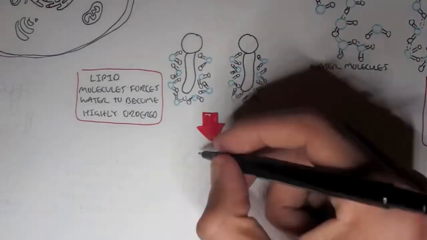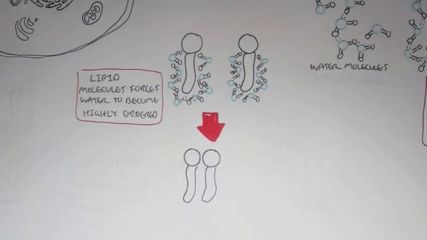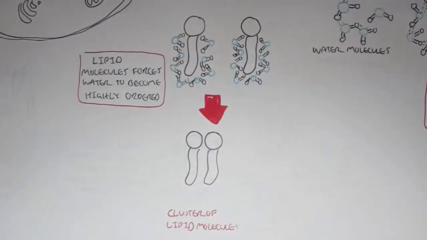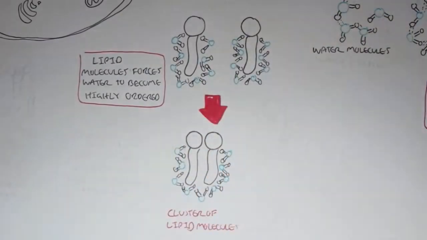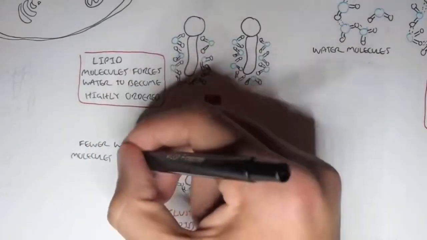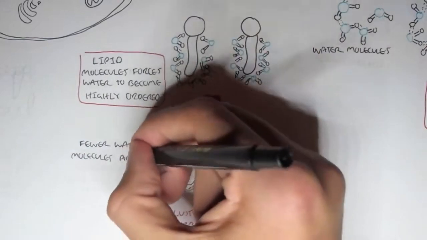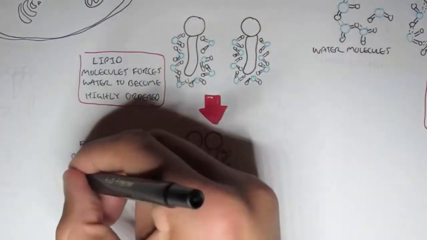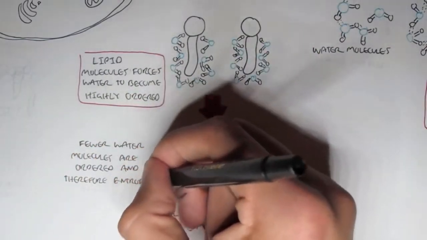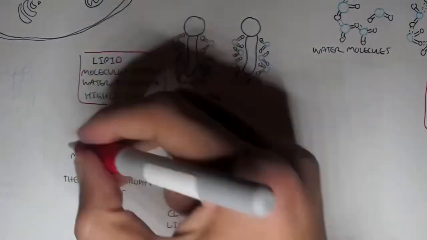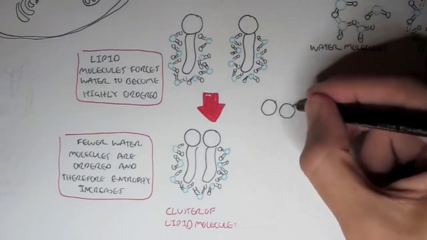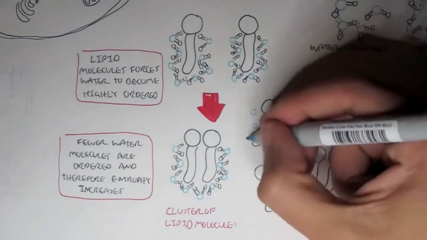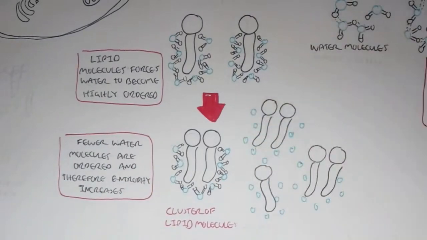So it uses energy. So what happens if we combine these two lipids together to form a cluster of lipid molecules? Well, this means that fewer water molecules are ordered, and therefore entropy increases, because only part of the water will surround the lipid structure and will not be in the middle, because the lipid will prevent this.